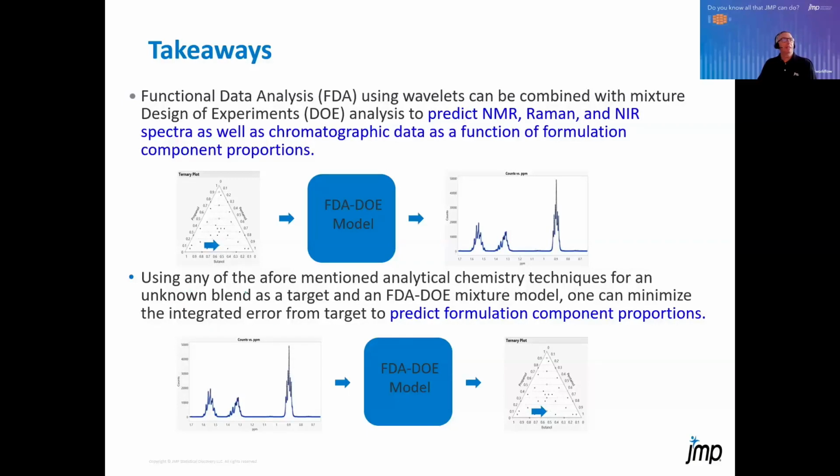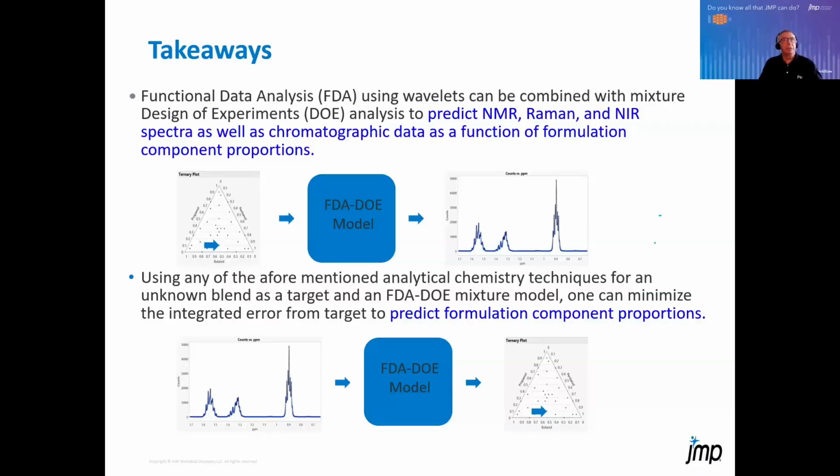And then using any of the aforementioned analytical chemistry techniques for looking at an unknown blend as a target and the FDA DOE mixture model, you can minimize the integrated error from the target to predict formulation component proportions. And we did that in the second one. So that's that.